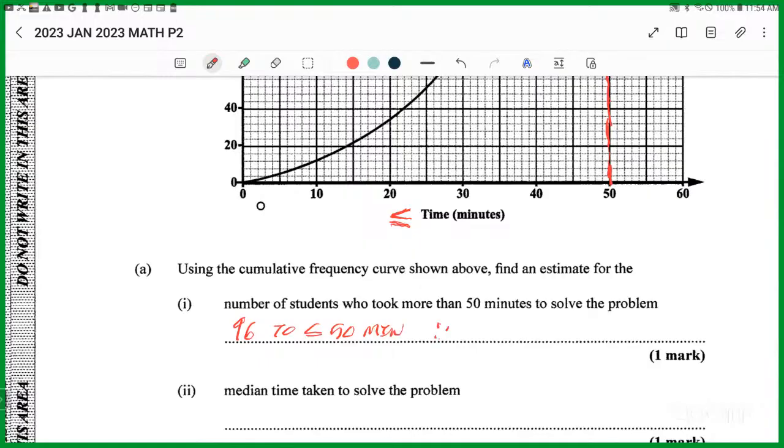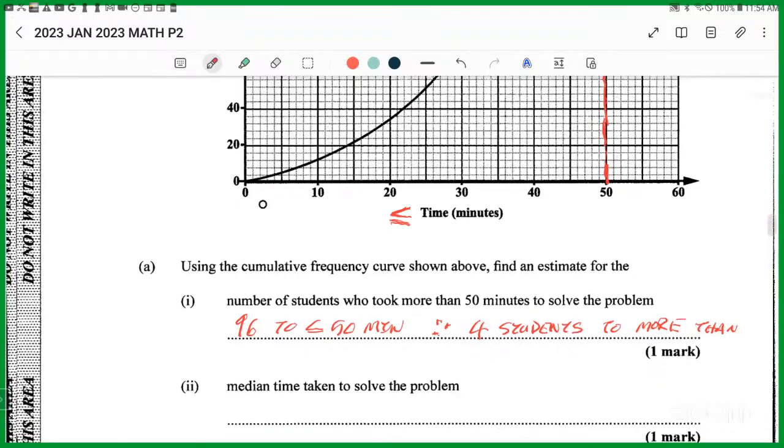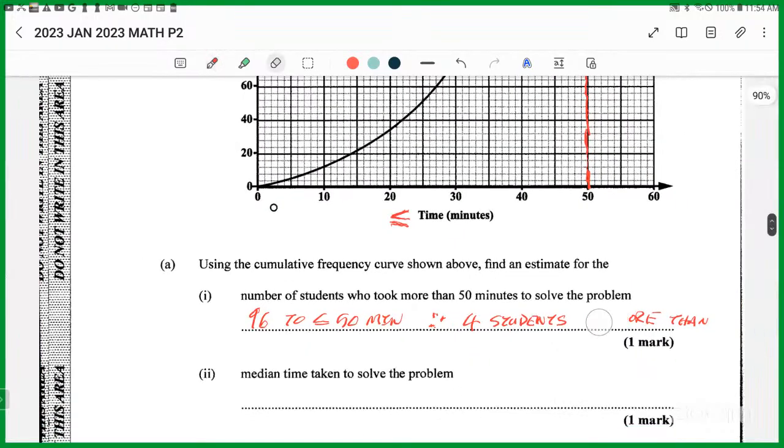Therefore, the rest of them, 200 total, 4 students took more than 50 minutes. I could put greater than 50 minutes. Let's put students took greater than 50 minutes.